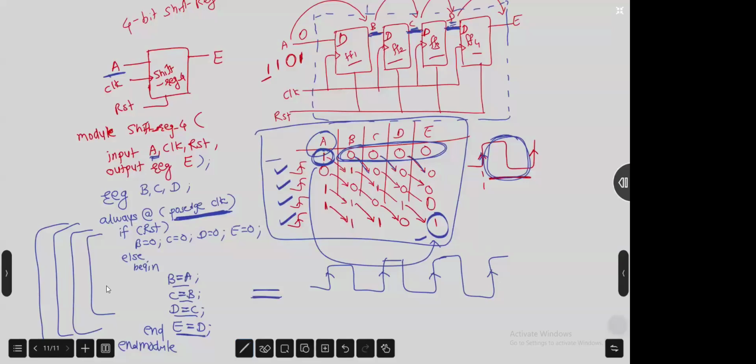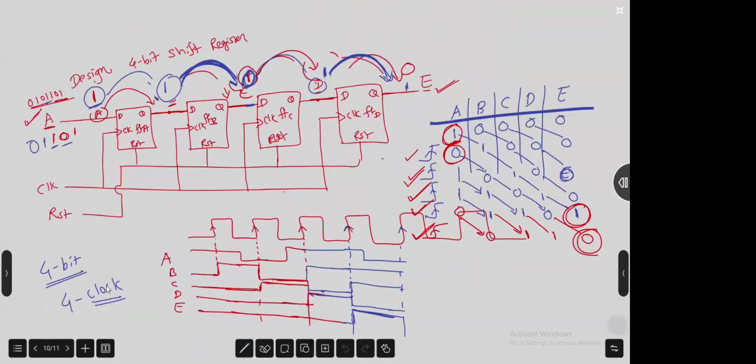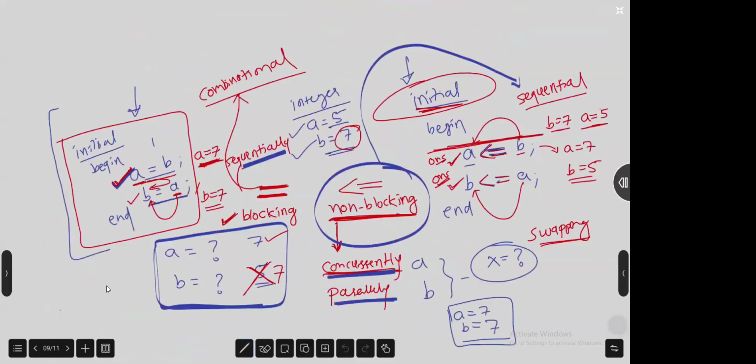ब्लॉकिंग में क्या होता है? In blocking the statements are executed sequentially.